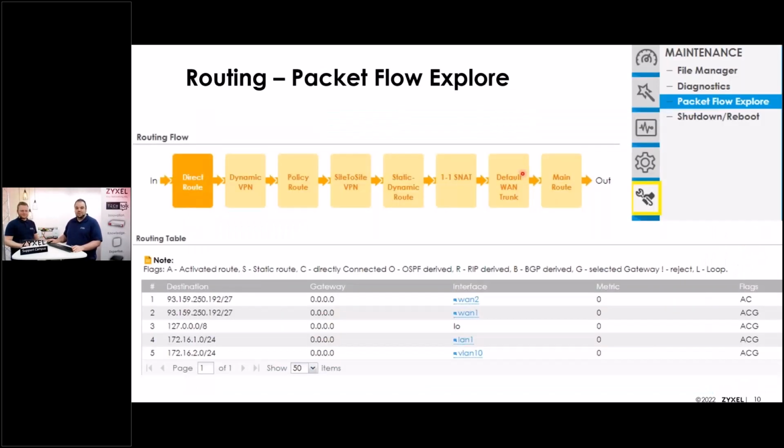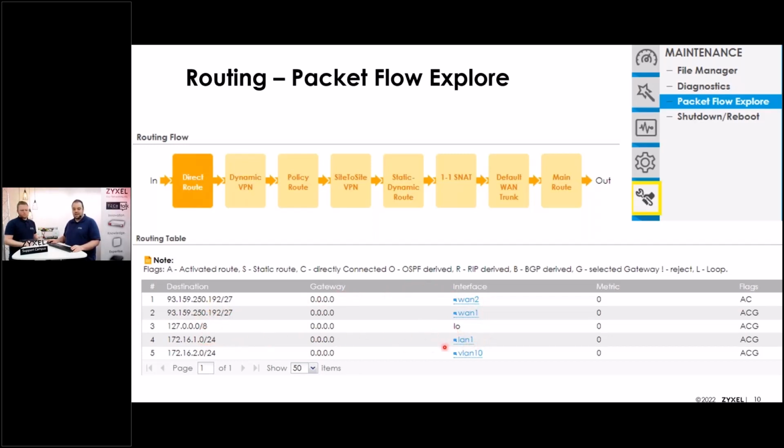Well, let's focus on the easier part, not the UTM part. We have first direct routes, and direct routes means each interface which we created in our firewall will be listed in this table. We see here a WAN 2, WAN 1 interface, the local interface, local host.